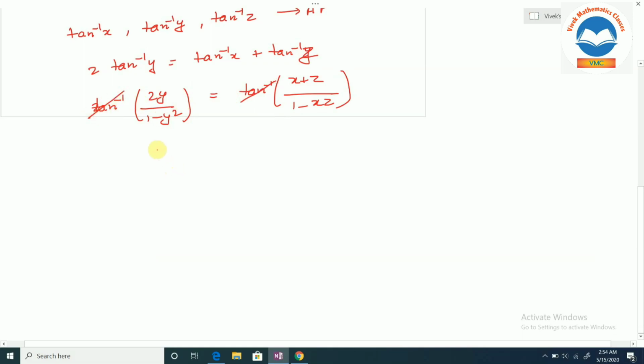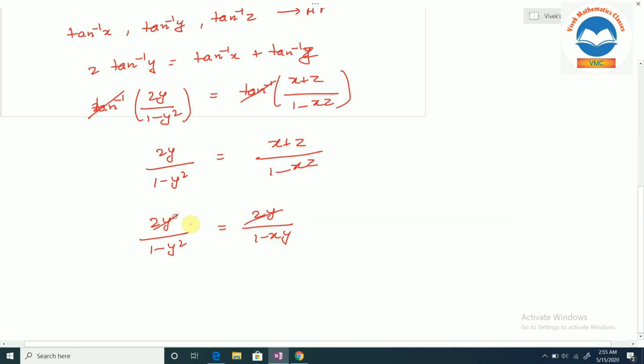So you will get 2y divided by 1 minus y square equal to x plus z divided by 1 minus xz. We know that from equation number 1, x plus z is 2y, substitute here. So we will get 2y divided by 1 minus y square equal to 2y divided by 1 minus xz.